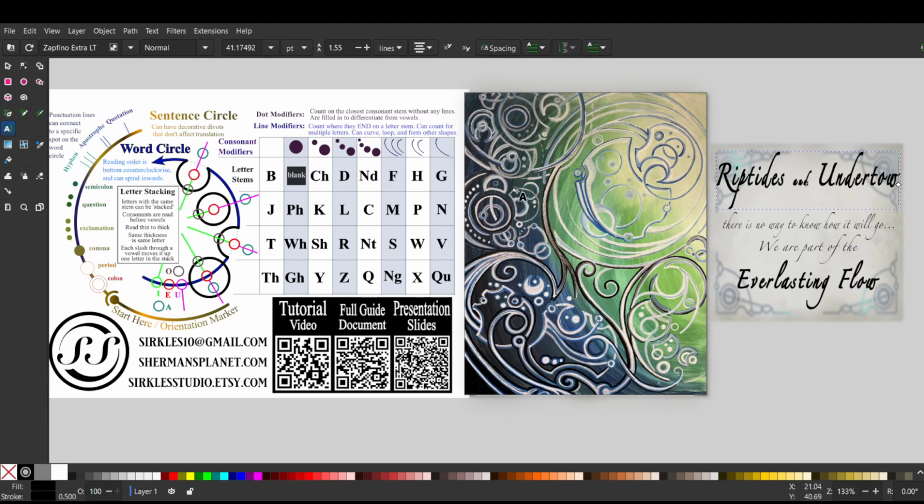Then we have this word, which here's another little start marker here. So that would be a W-A-Y, then a T, and then an O. So way to. So is no way to, or there way to know is. Both kind of work. Way to know is.